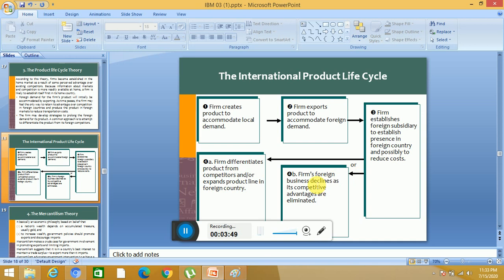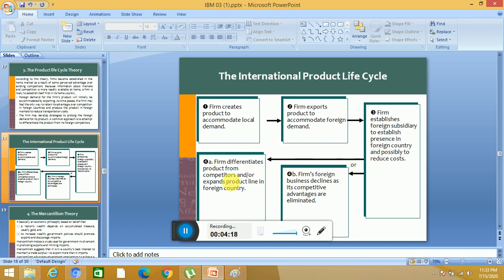Otherwise, they will go to 4B, which means the firm's foreign business declines as its competitive advantages are eliminated. If their competitive advantages are eliminated, meaning they are not working on their products and not maintaining their competitive advantage, they will be out of the competition.